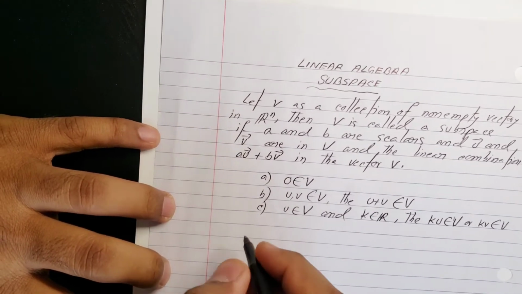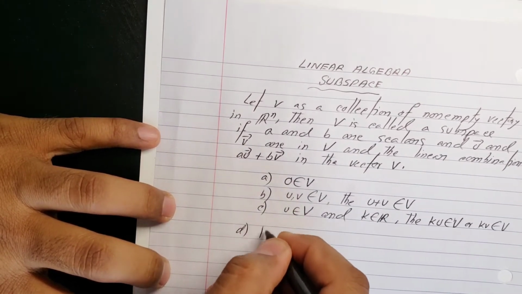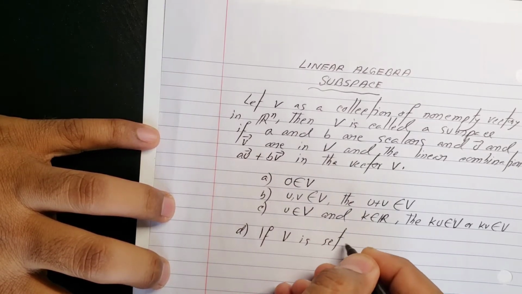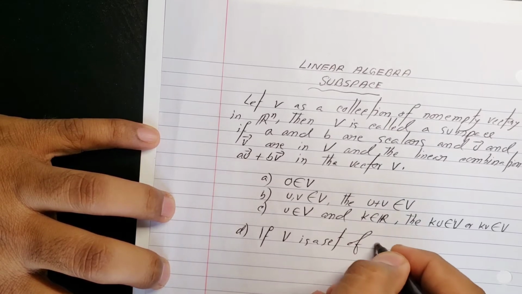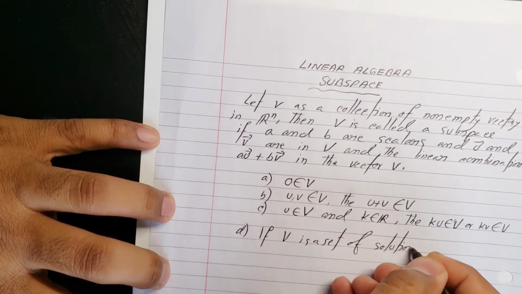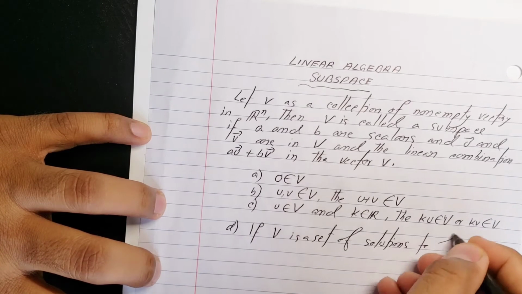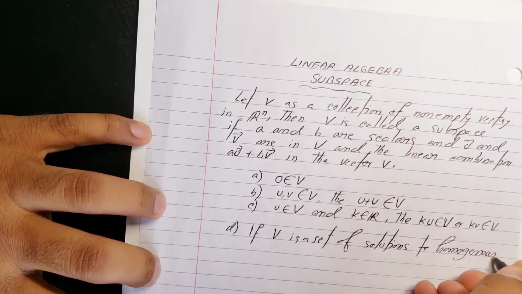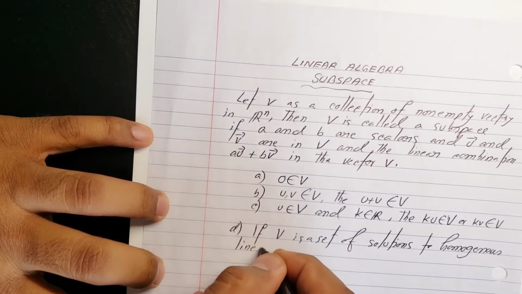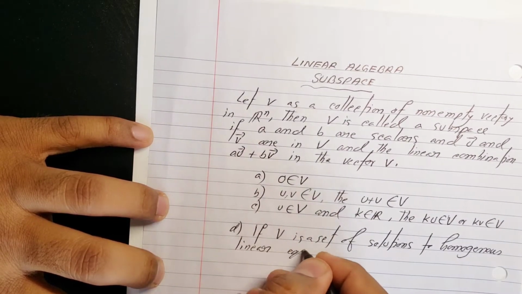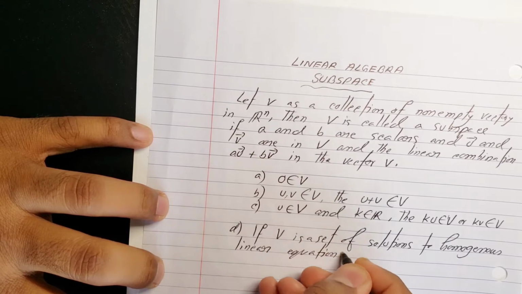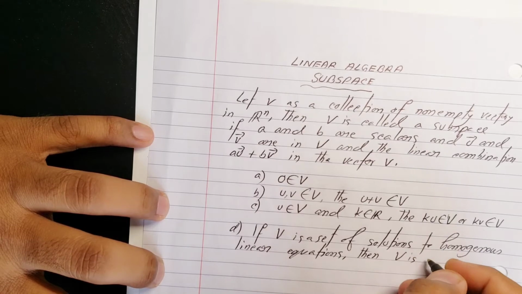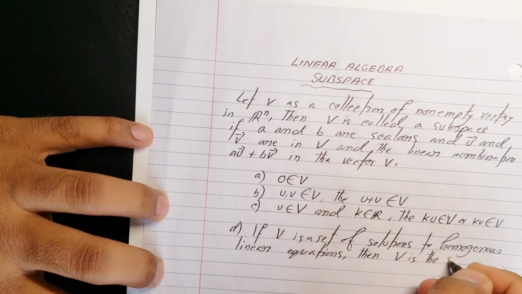Another test we can do is if V is a set of solutions to homogeneous linear equations, then V is a subspace.